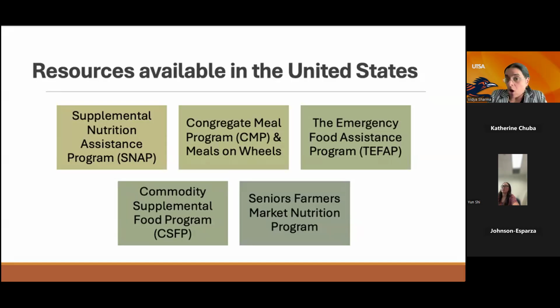Then we have the Congregate Meal Program and Meals on Wheels. The Congregate Meal Program is offered at different church locations and senior centers here in San Antonio in Bexar County, and it's basically where healthy food, especially lunch, is offered. It's prepared, ready to eat. But the main thing with the Congregate Meal Program is that it focuses on socialization.